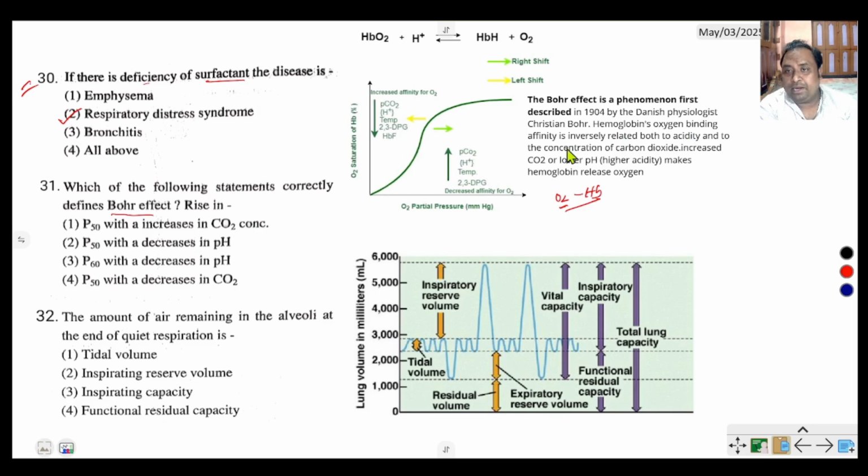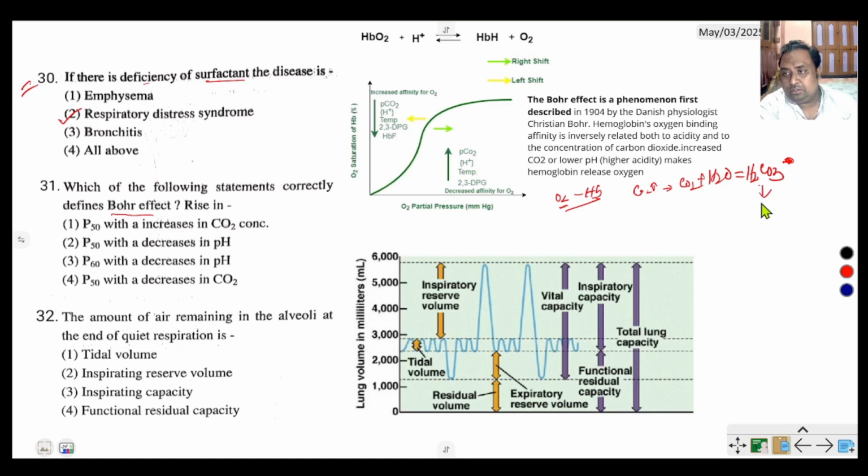Hemoglobin oxygen binding affinity is inversely related both to the acidity and to the concentration of carbon dioxide, because when the concentration of carbon dioxide increases, carbon dioxide combines with water and produces H2CO3.